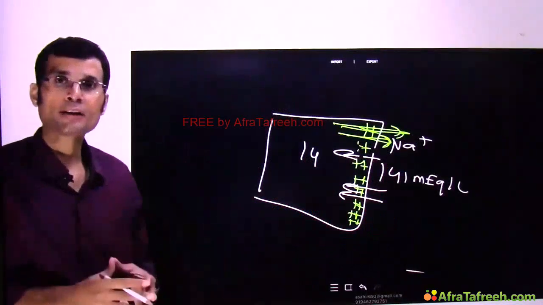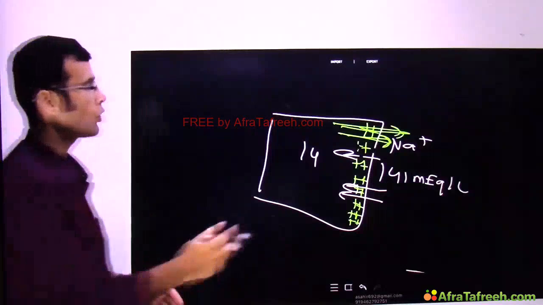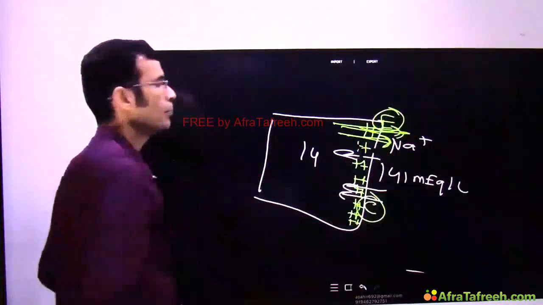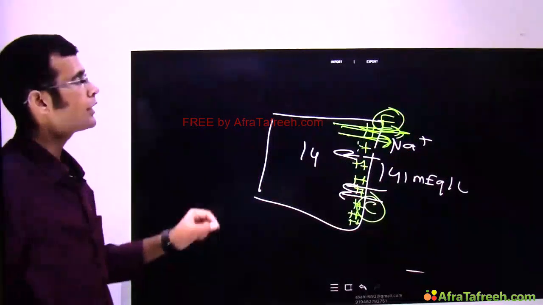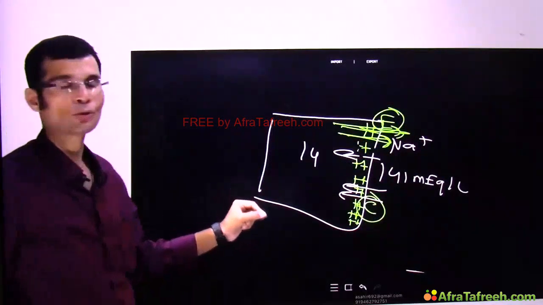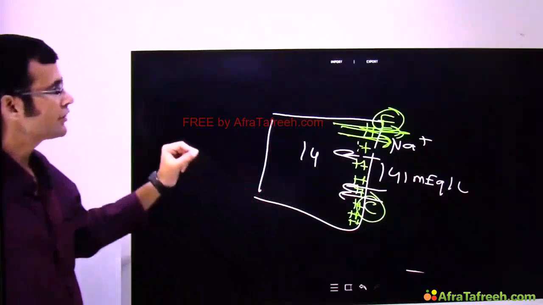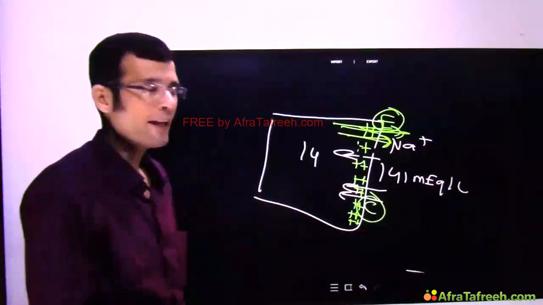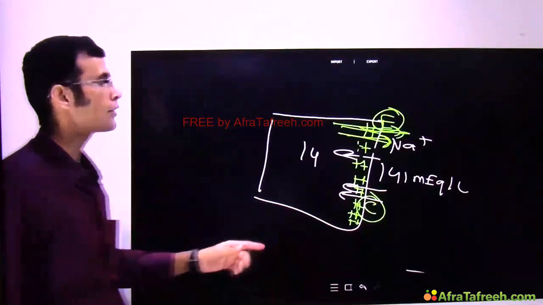And at one point it so happens that the concentration gradient and electrical gradient balance out, so that there is no net movement of sodium, and you say sodium has reached equilibrium. But at that stage, at that point, what will be the charge on the membrane?